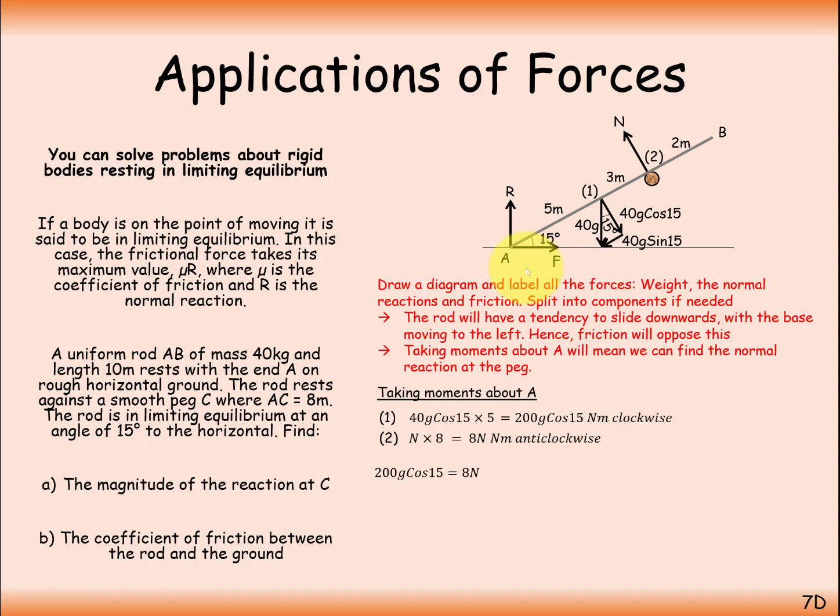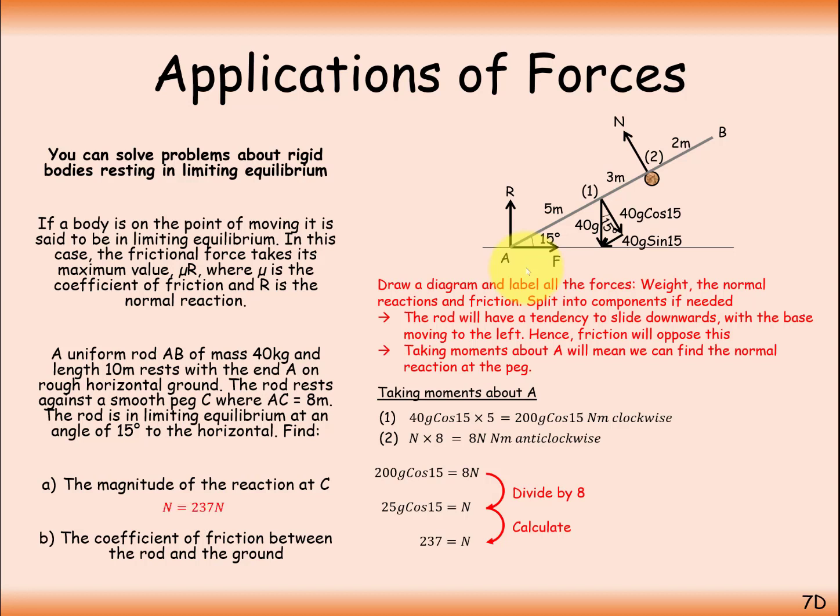So because it's in limiting equilibrium, we know that they have to be equal, so we can form that equation. Just divide by 8 to solve for N. Calculate that using your calculator, and N equals 237. That's the first part, and this is a good recap of us with our moments.